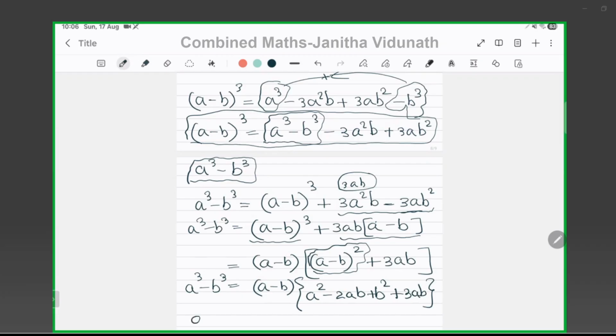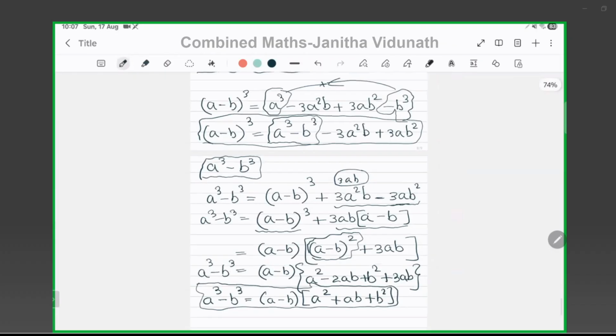Then finally we get a cube minus b cube as (a minus b) times (a square plus ab plus b square). This is the final factorization of the difference of two cubes. I will give another 2 minutes to write this down.